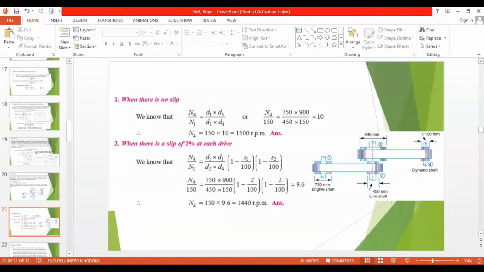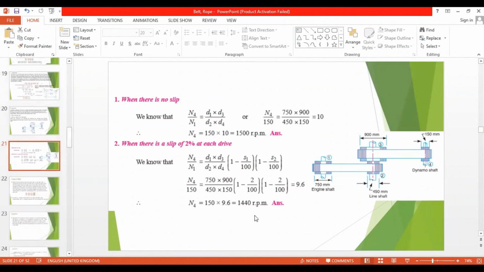Your final speed of the dynamo shaft would be the velocity ratio into the first driver, so 9.6 into 150, which equals 1440 RPM. Without slip it was running at 1500 RPM, but with slip there is a 60 RPM reduction.